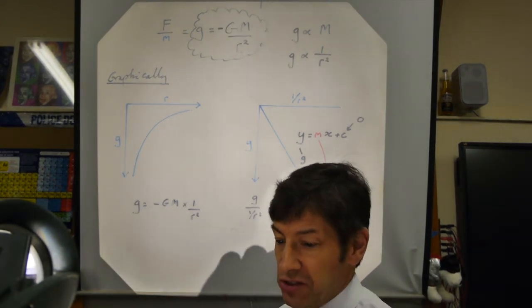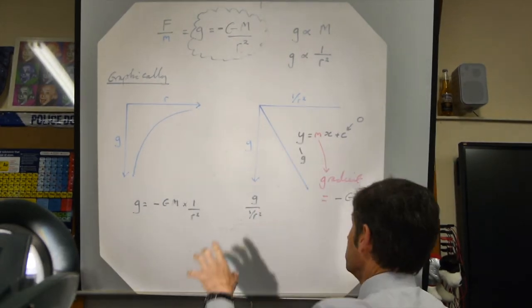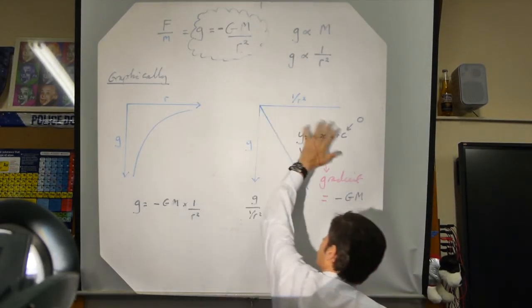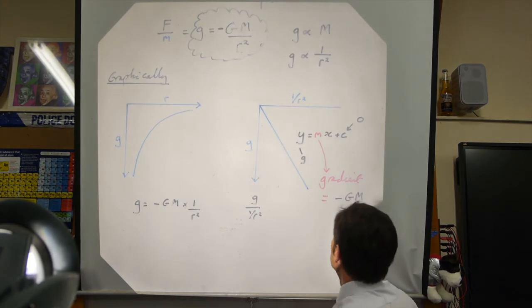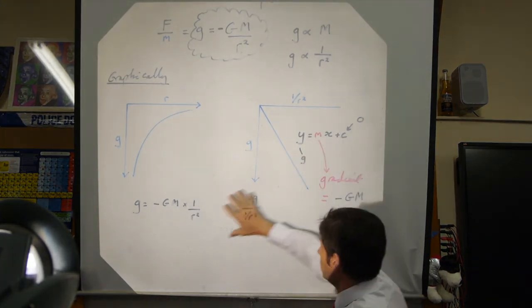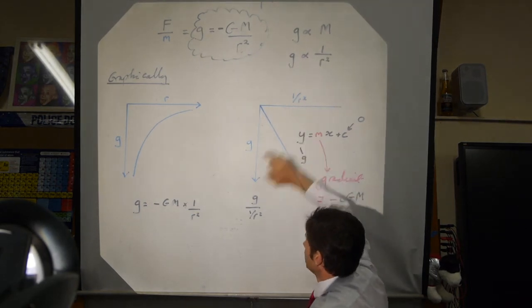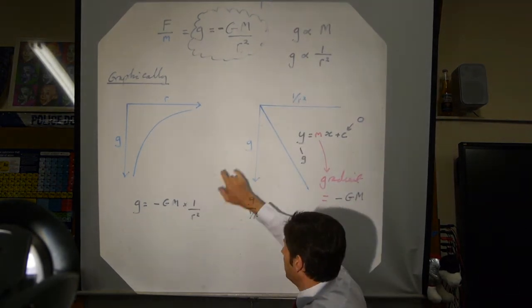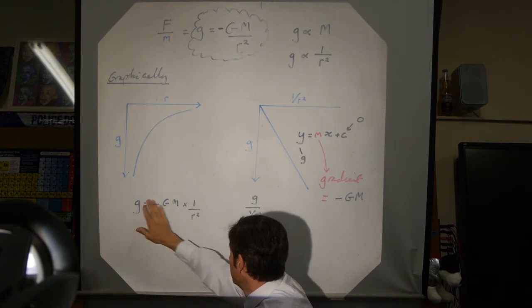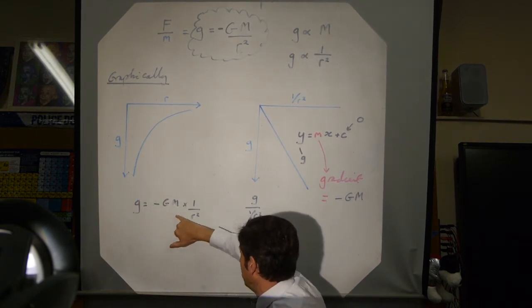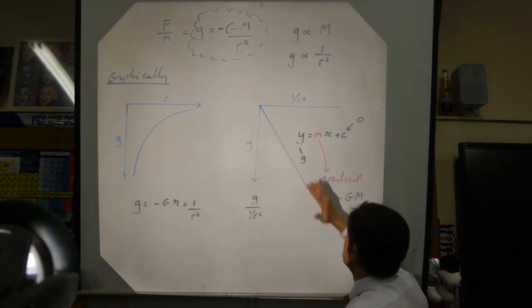So it's good to show that you understand how to straighten a graph, and then you use y equals mx plus c, and you look at the equation you've got, and you pull out the x value, you pull out the y value, there's no plus c, so this bit here must be the gradient of this graph.